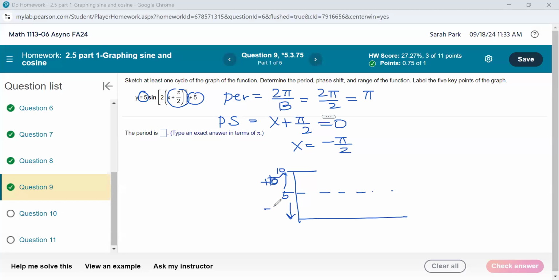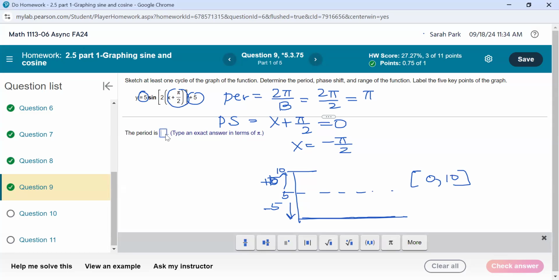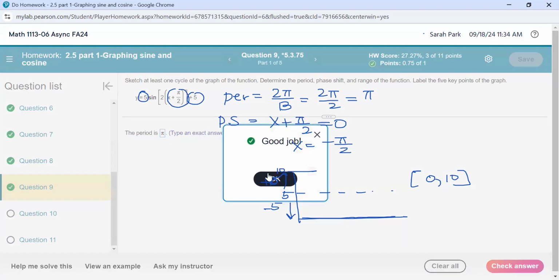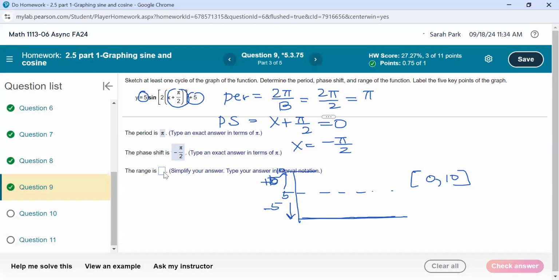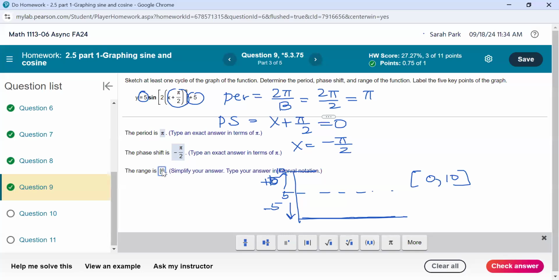Oops, this should be plus 5 and minus 5. So we know the range, or the lowest value and the highest value for the y's, are 0, 10. Okay, let me type that all in. So period is pi. Phase shift this time is negative pi over 2. Range is 0, 10.